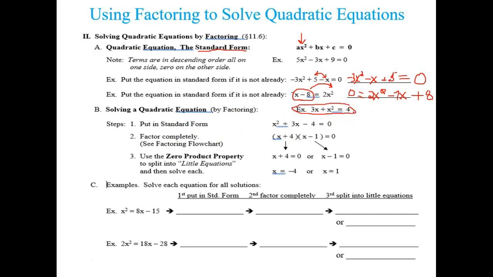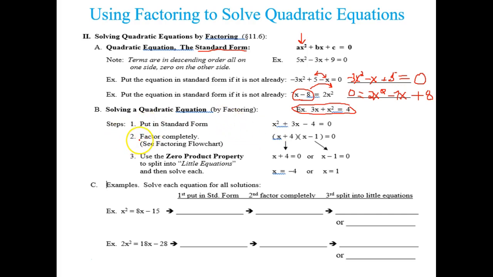First thing you've got to do is put it in descending order. So I'd start with my x squared term, and then I'd put my 3x, and I have to move this 4 over to the left side. So I have to make it negative 4. So x squared plus 3x minus 4 equals 0. All right, so the first step, put it in standard form.